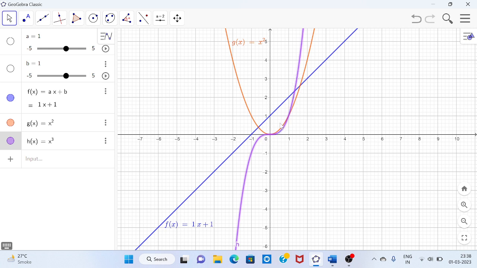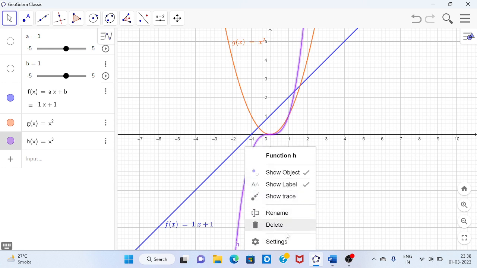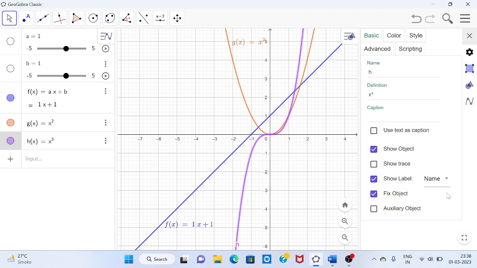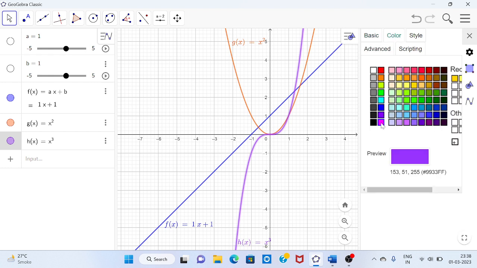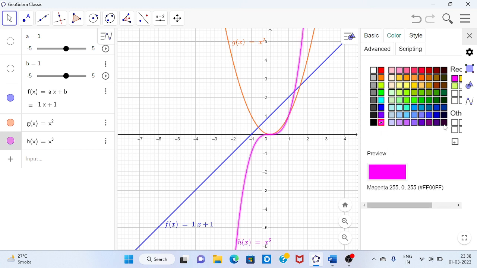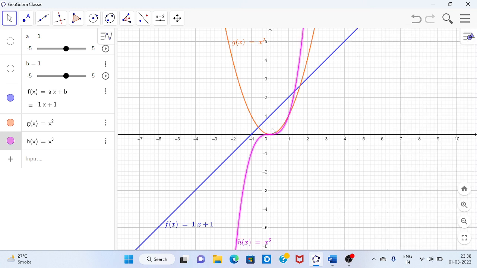If you see, when it is going upwards, both the x and y axes are giving us positive signs, whereas when it is going downwards, both the x and y axes are negative. So the cubic function will always lie on both sides, negative as well as positive. Let's give them the label. Let's change the color also.